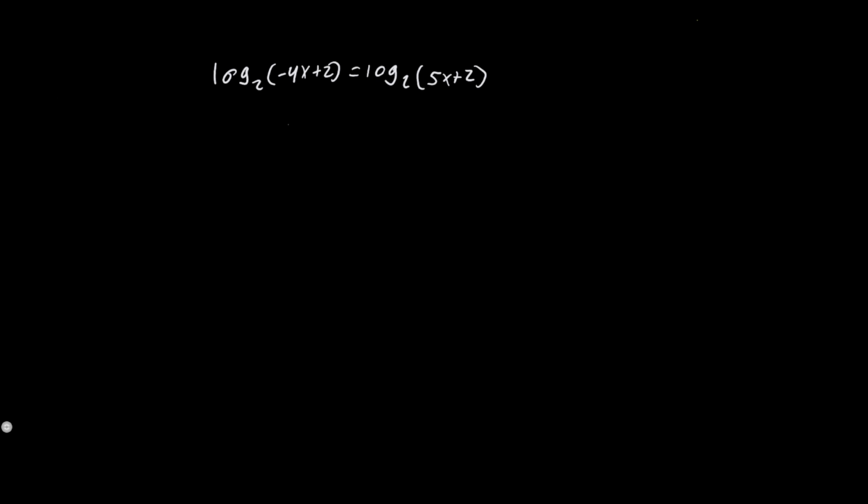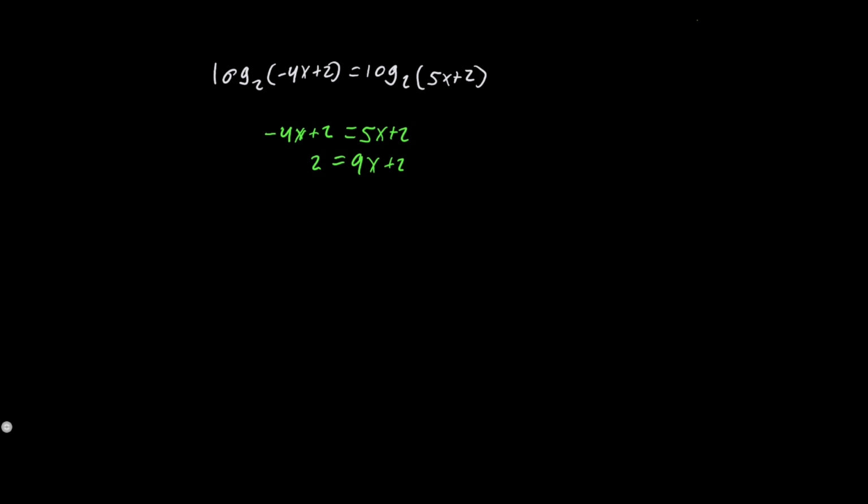So we're going to just exponentiate everything, which is going to just raise everything to the power of 2. And we're going to have negative 4x plus 2, and that equals 5x plus 2. And then finding x, we just have to add 4x to both sides, where we have 2 is equal to 9x plus 2.